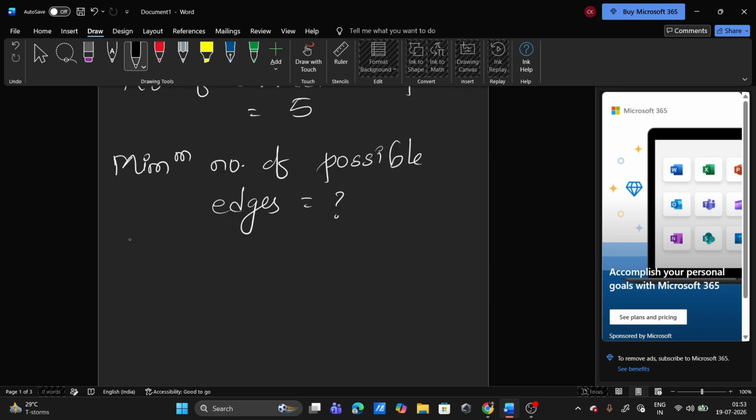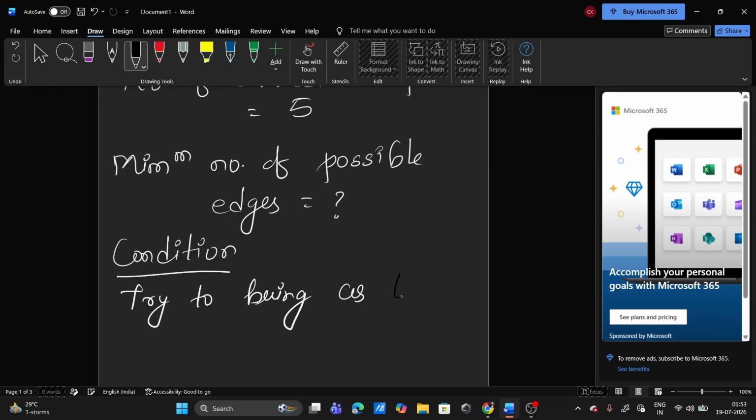All right, this is the condition. Let me write that. The condition is: try to bring as few vertices as possible together.